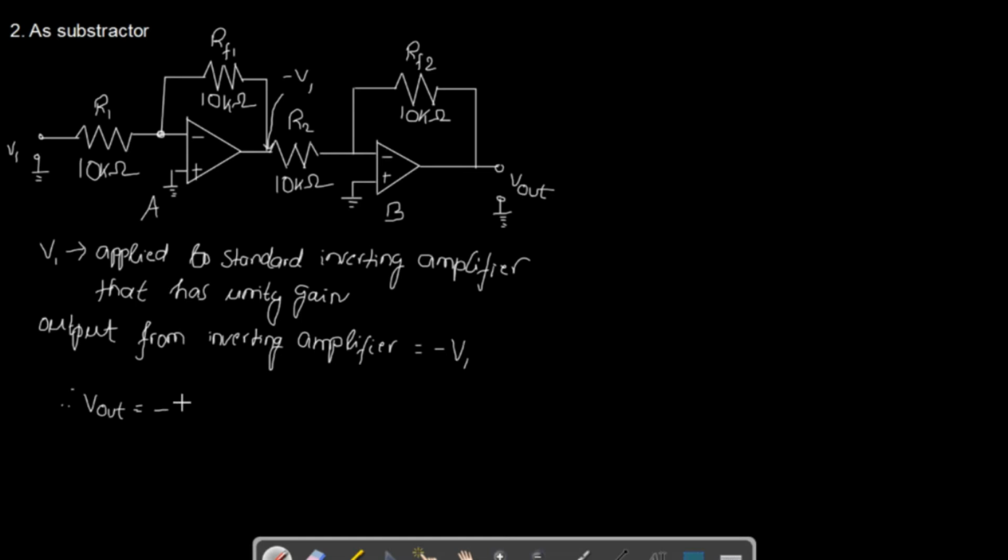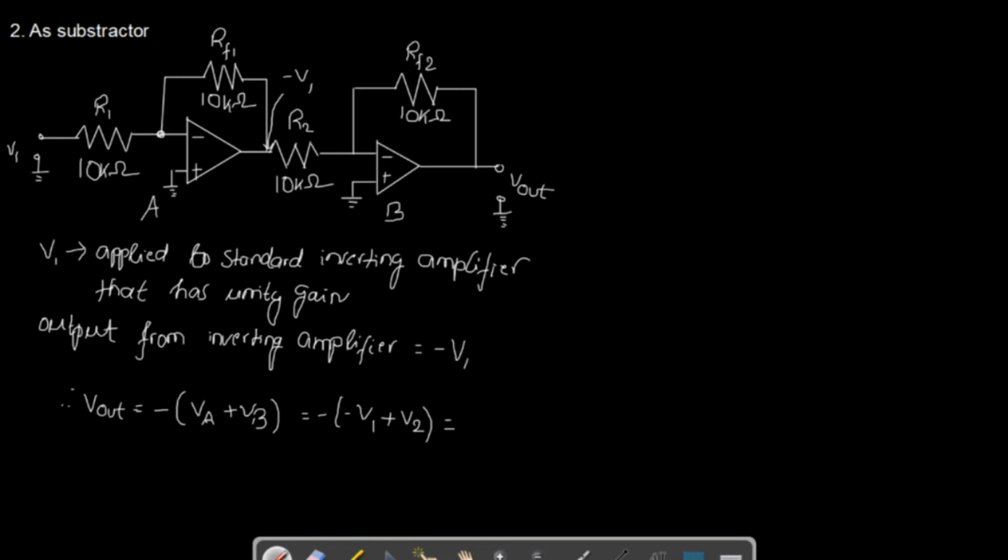So I'll just straight away put a minus, and then I will write VA, whatever is the voltage from A, plus VB. If you take it that way, we can simply say this is minus of V1 plus of V2. So V1 is because of this amplifier, and V2 is because of this amplifier, and the minus sign because of V2 we have already considered here.